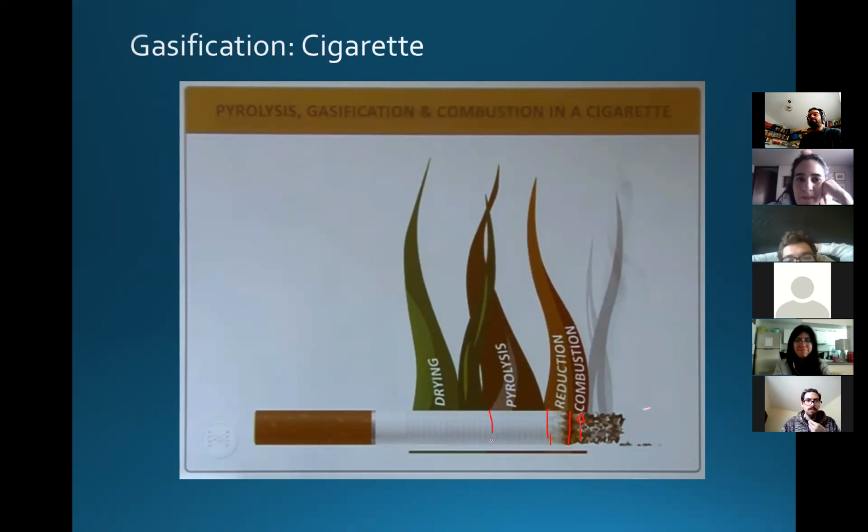Then we have the pyrolysis, where you form alkitran and those kind of things. Have you seen the lungs of a smoker, that they are black? Well, that is why, because in the pyrolysis you form charcoals and tars that are components that are very, like I said in the beginning, very sticky. So if those go into the lungs, well, you have a problem in there. And then it's the drying zone, and it doesn't matter because it only produces water vapor, right?